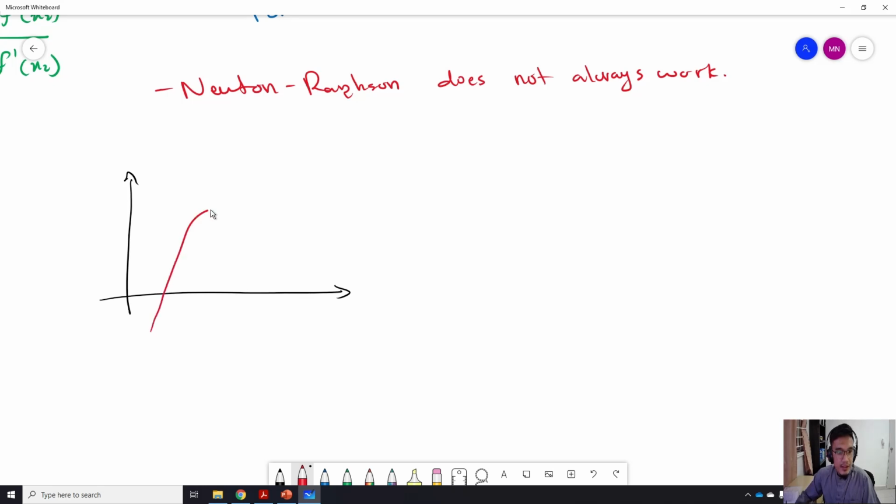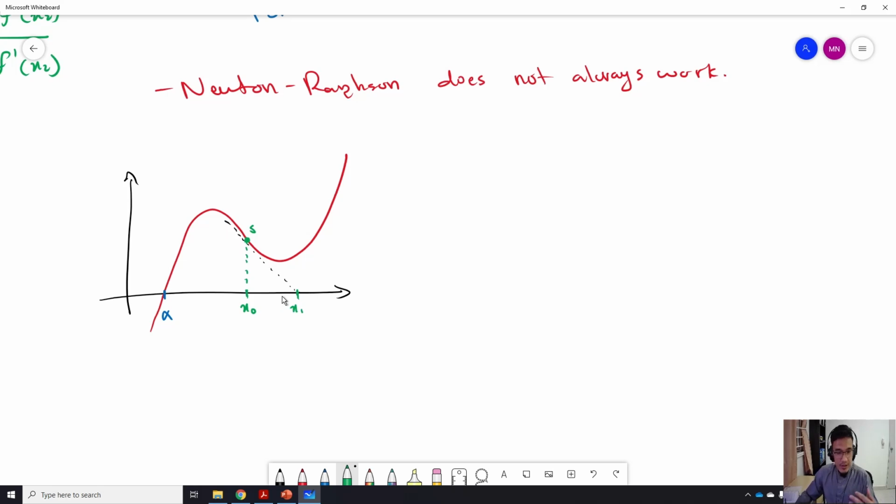Okay, for example, we have this kind of graph. So this will be the root alpha, and let's say our x naught is right over here. So when we have x naught, we try to find the point above x naught that we called before point S. From point S, we form a tangent line, and from that tangent line we create x1.